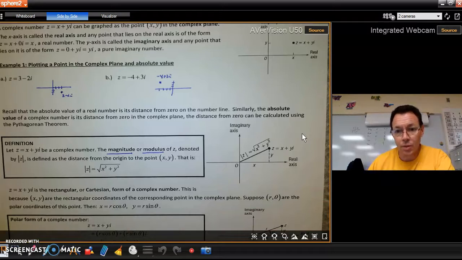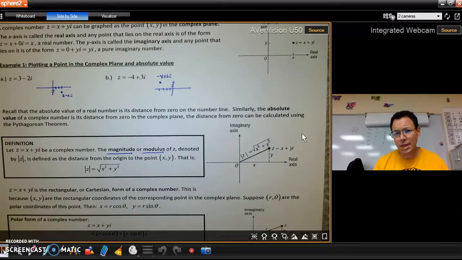And you're going to go, okay, well, why are we doing this? There are some applications of complex numbers that are much, much easier to do by using polar coordinates instead of rectangular coordinates. And we don't have a lot of time. I usually spend an entire day just reviewing complex numbers to kind of build this up.